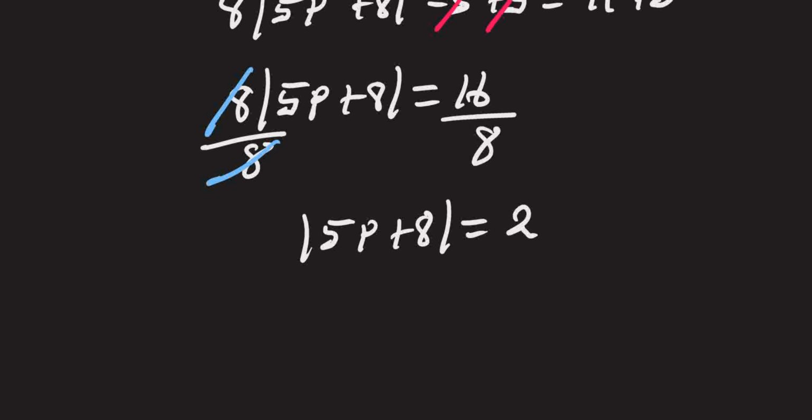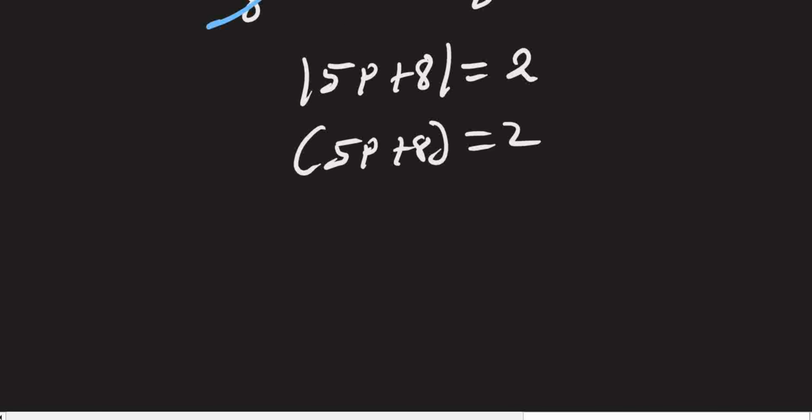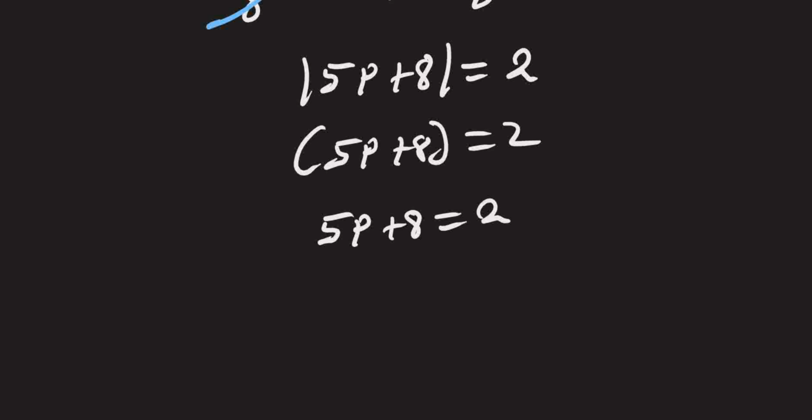So now change the absolute value to parentheses. So 5p plus 8 is equal to 2. Clear the parentheses. So 5p plus 8 is equal to 2. Subtract 8 from both sides.